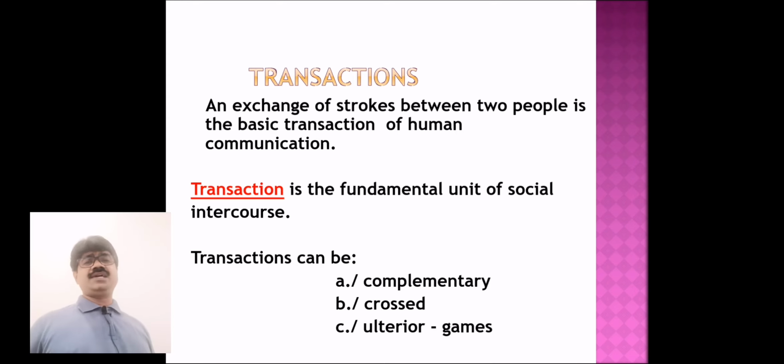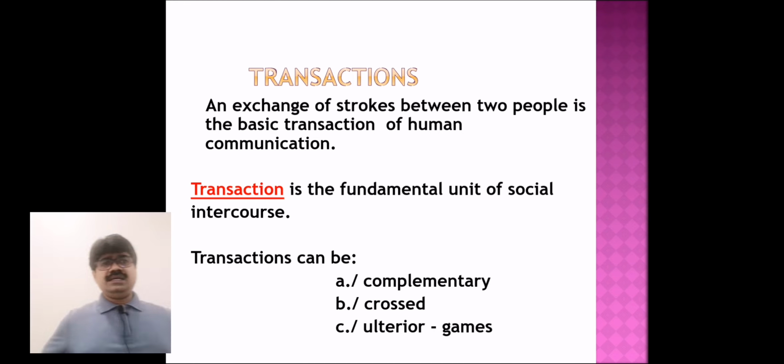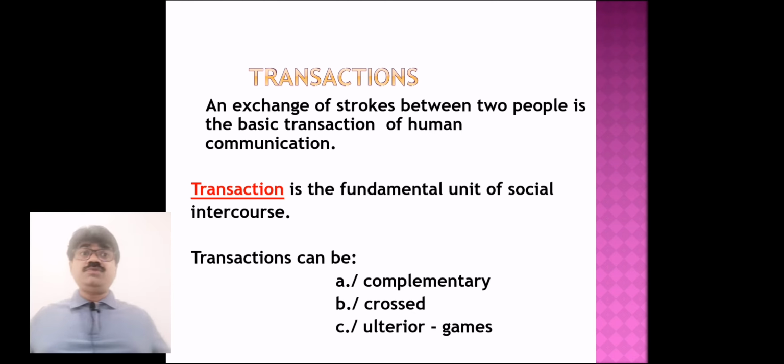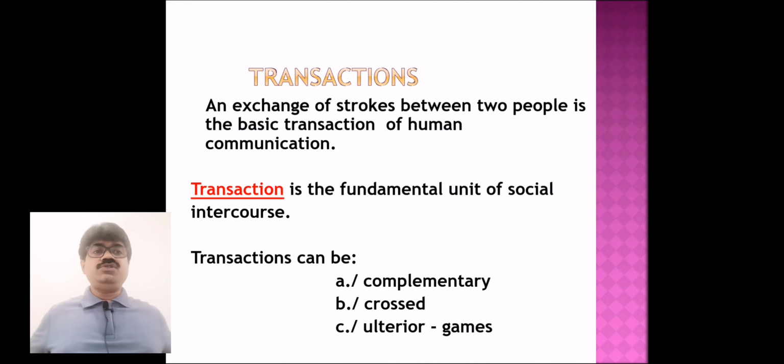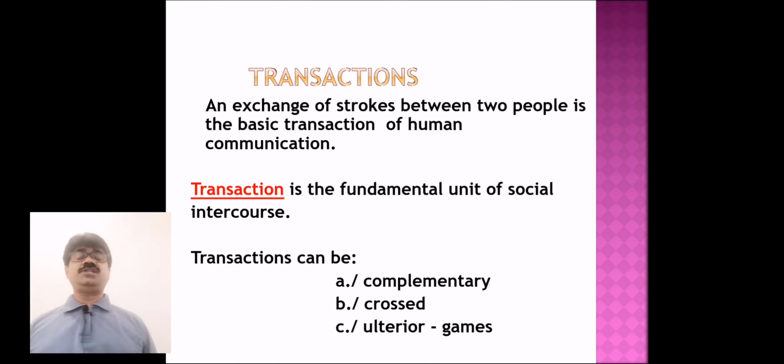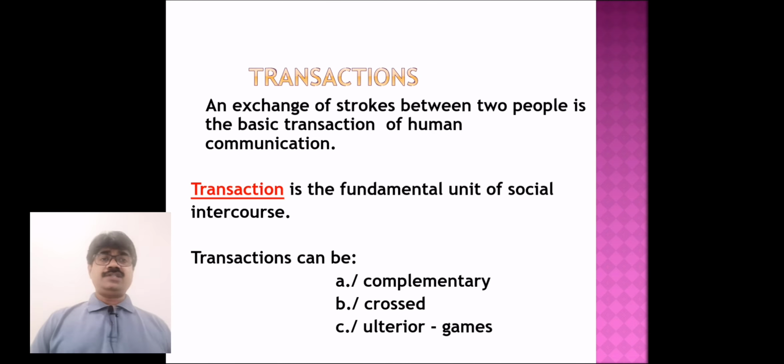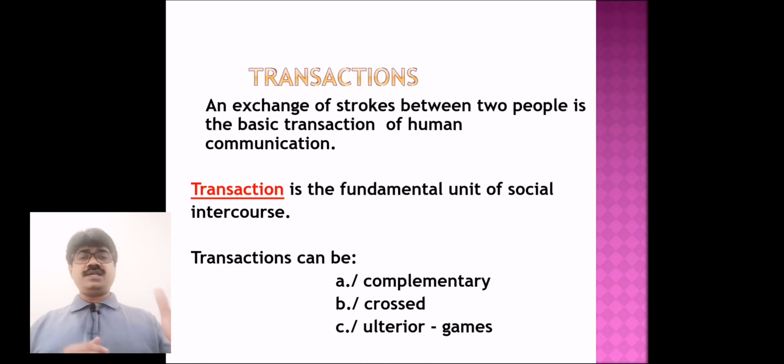Now, what is a transaction? A transaction is an exchange of strokes between two people. An exchange of strokes between two people is the basic transaction of human communication, a fundamental unit of social intercourse. A stroke is only from one side to another.